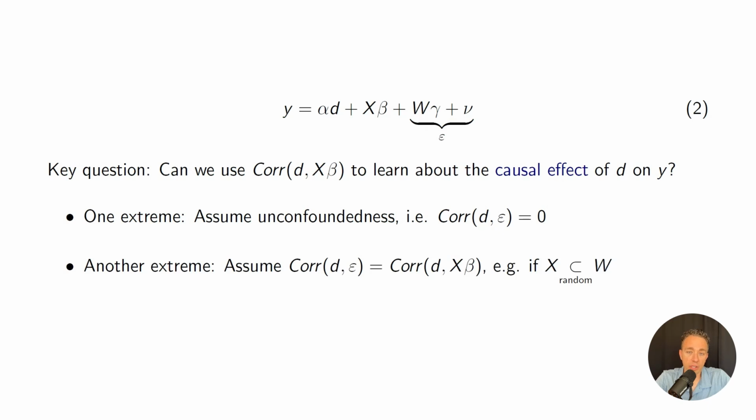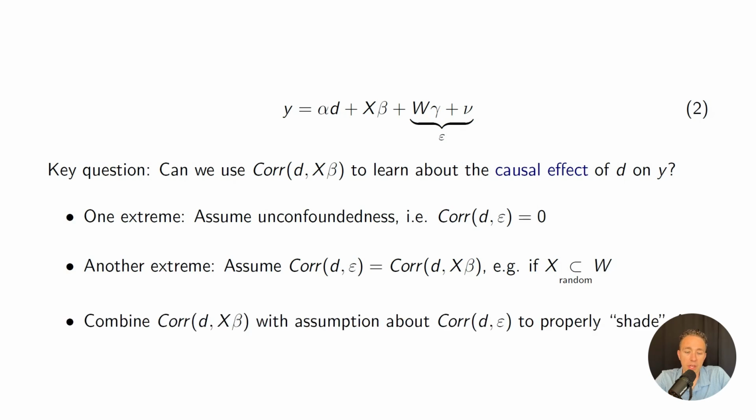And then on another extreme, we could assume that there's equal correlation between D and X beta and D and epsilon. So this would arise if, for example, X was a random subset of the union of X and W. This is non-standard notation, but hopefully you get the idea that if I have the whole universe of relevant covariates and I randomly sample from them, then I'm going to have roughly equal correlation between D and X and D and W. So then the intuition is that we take this information about whatever we choose to assume about the correlation between D and epsilon and the correlation between D and X beta, and then we use that to properly shade our estimate of alpha hat.